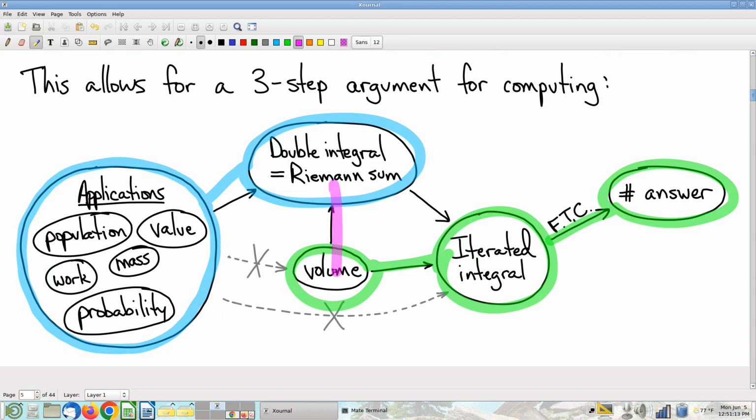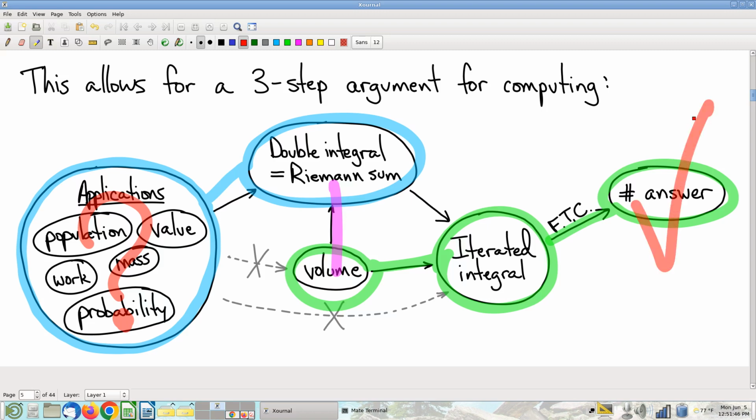This is the connector between the blue ideas that were kind of seemingly abstract that we were talking about earlier this lecture, and the green ideas, which we kind of already know how to plug and chug through these volume iterated integral computations. So this connects. Ultimately, this is what allows us to connect the dots to get from questions that we're going to want to ask and get to the answers that we need.